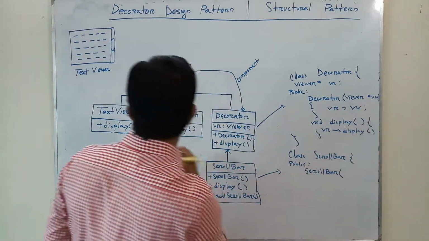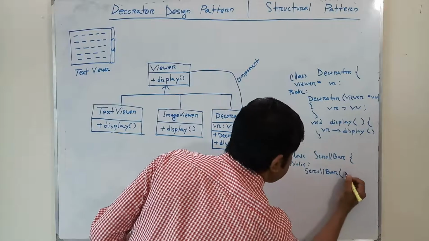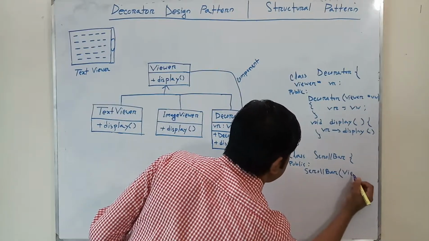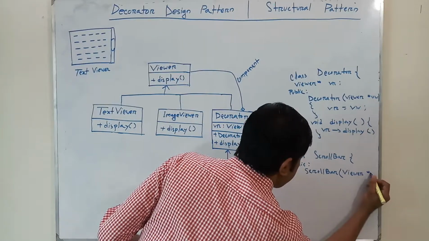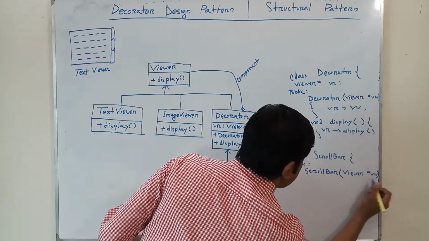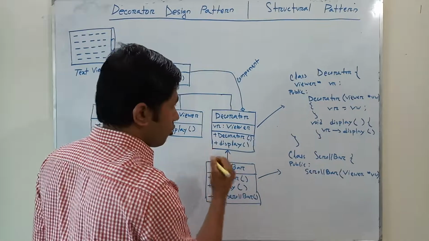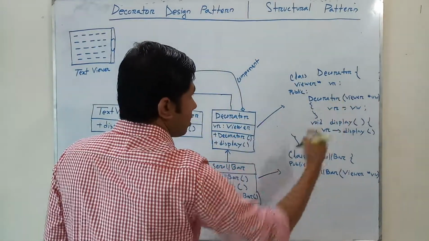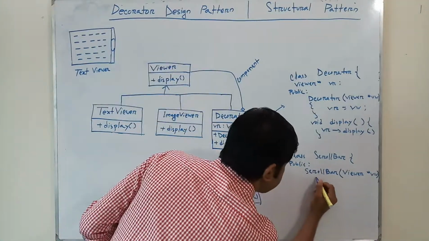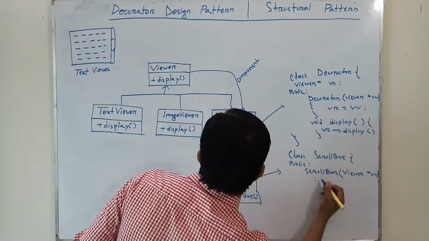It will accept our existing object, that is of viewer type, VW, and it will pass it to its base class, as the base class accepts the object, that is Decorator.